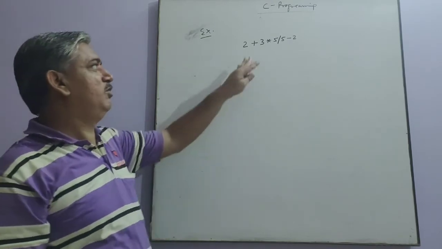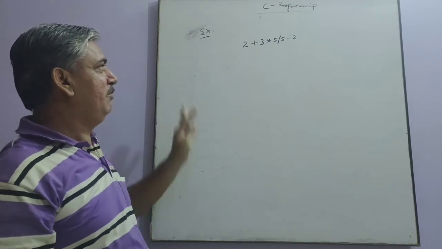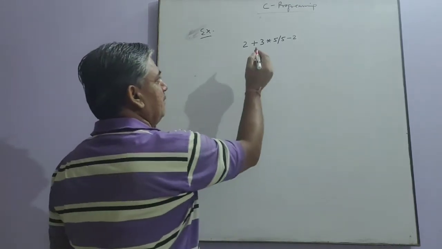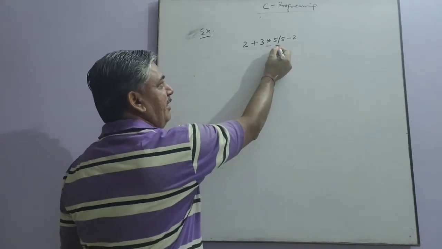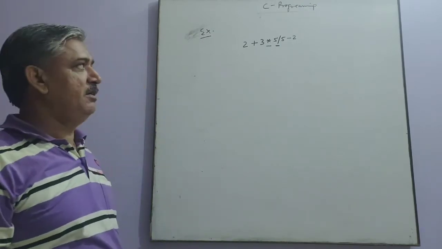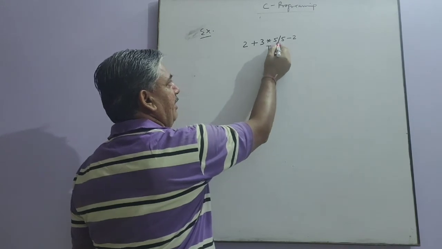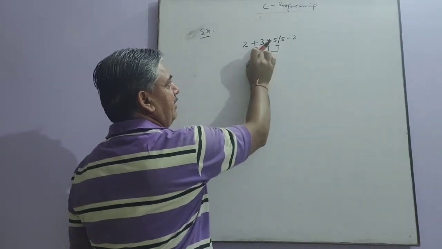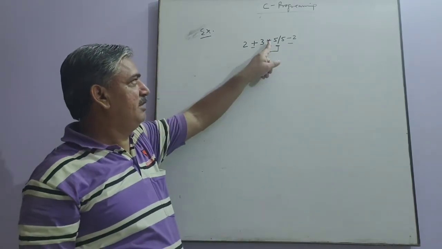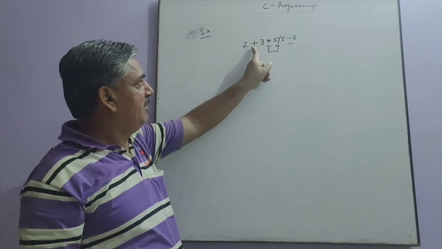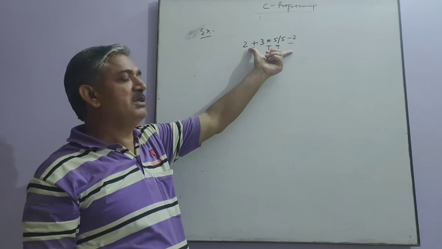Now we want to evaluate it. How to evaluate it? We know from the precedence table that the precedence of multiplication and division is higher than plus and minus. So first evaluate these and then plus and minus.